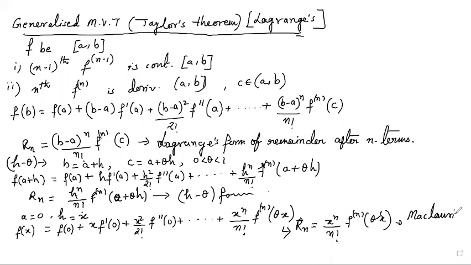Clear? So all the forms we have taken in LMVT we have generalized, and we have obtained Rn, that is Lagrange's form of remainder after n terms, in the 3 forms that we have learnt in LMVT.